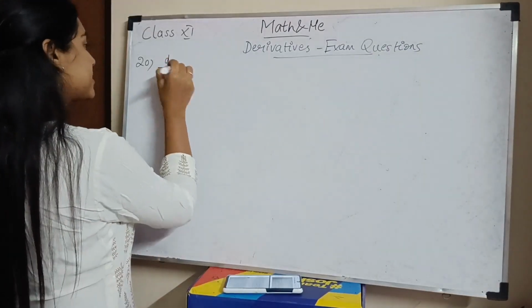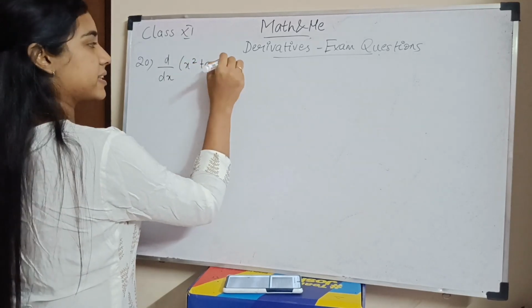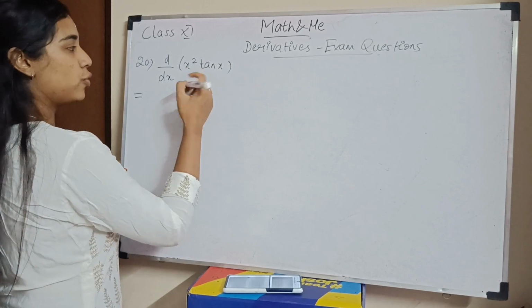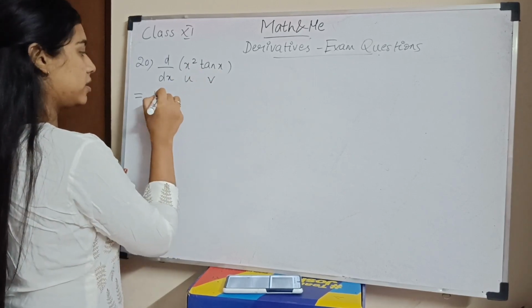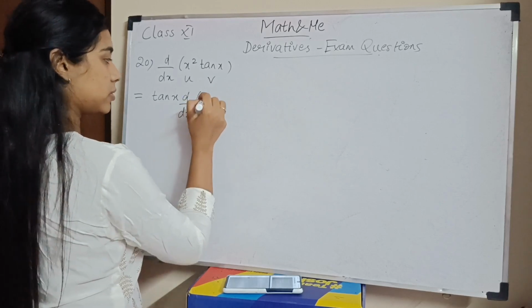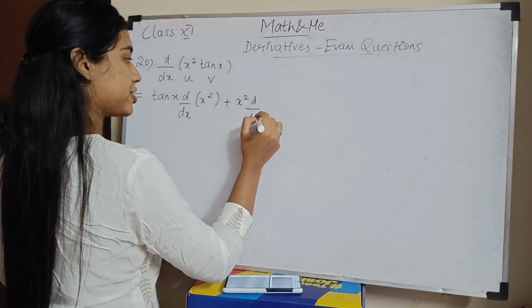d by dx of x square tan x. So this is a simple function. What do you have? You have u v. So v u dash plus u v dash.